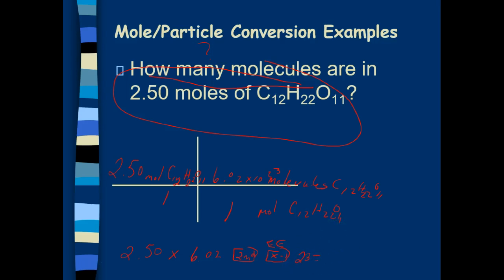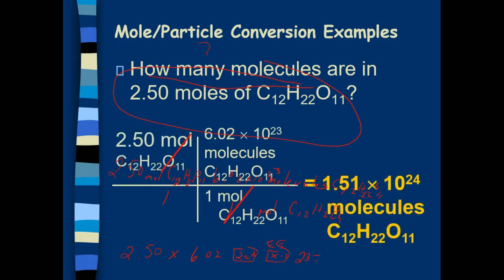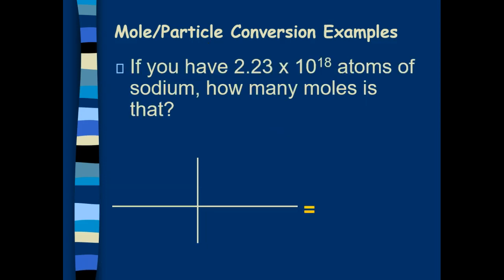You should get a very large number. The answer is 1.51 times 10 to the 24th molecules of C12H22O11.